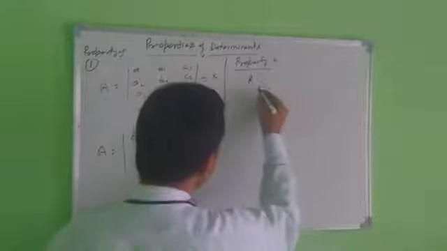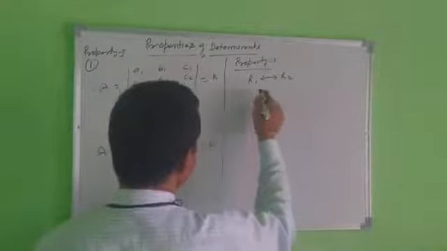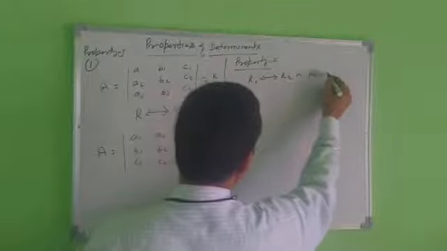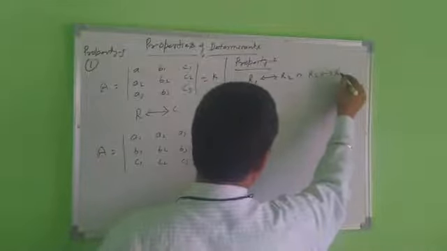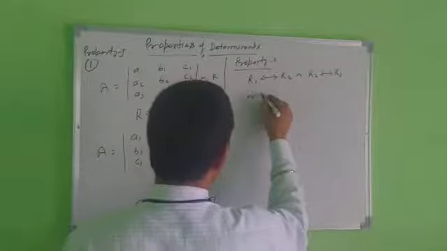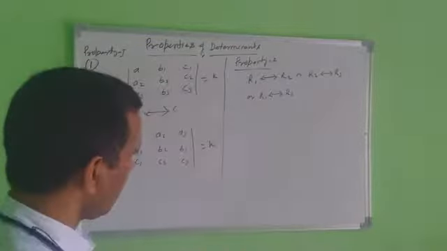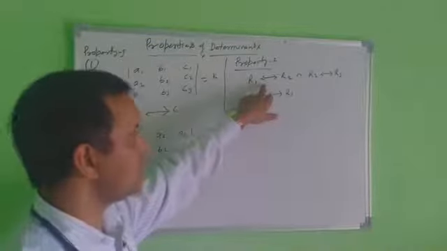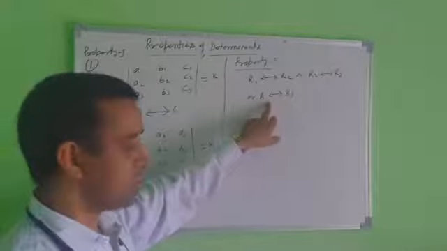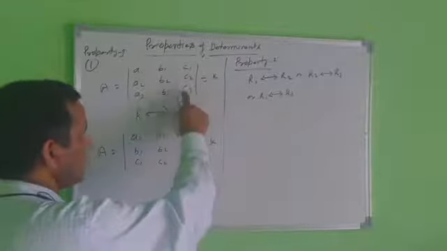When you interchange R1 and R2, or R2 and R3, or R1 and R3, whichever two you interchange, then the sign of the determinant will change.